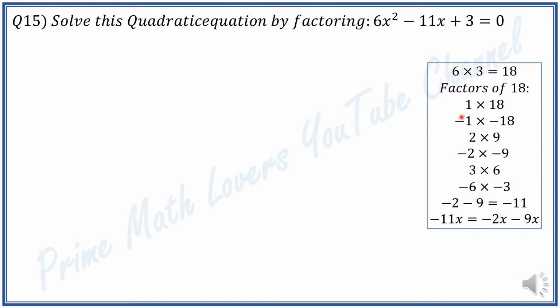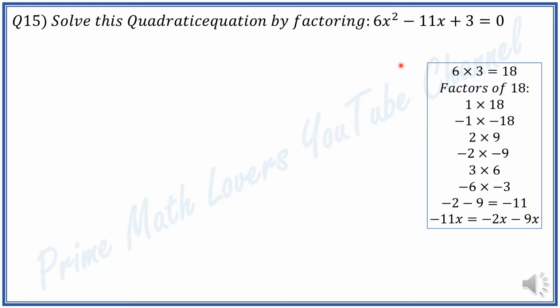We need to find one pair of these factors which, when we add them together, gives the coefficient of x, which here is negative 11. Negative 2 and negative 9, if we add them together, will be negative 11.